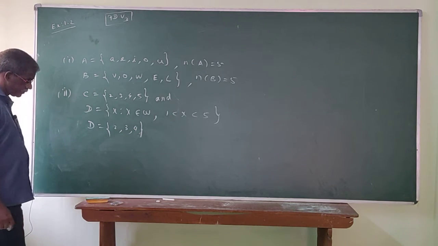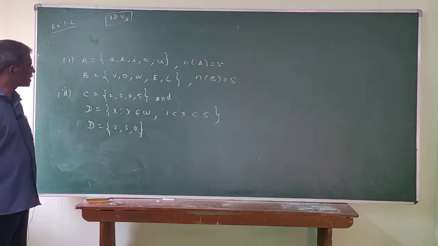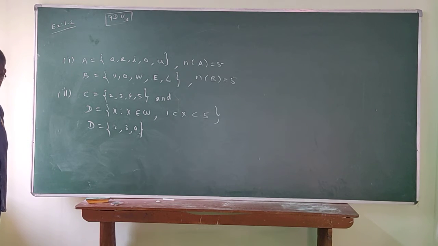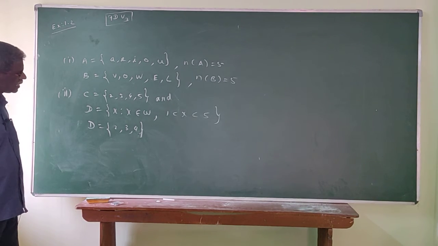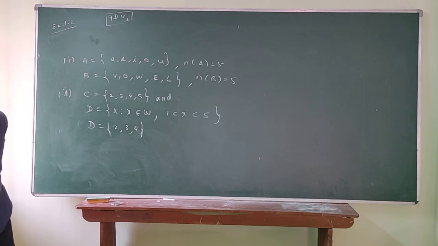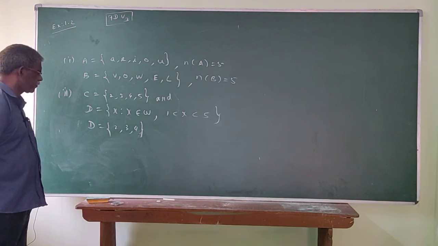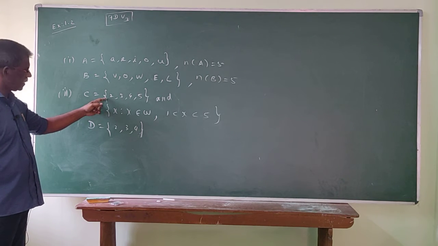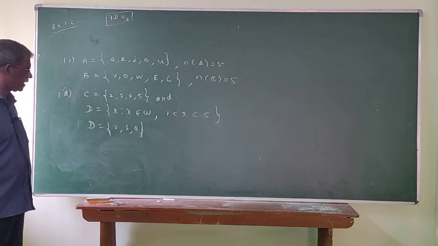So here set C contains 2, 3, 4, 5, but set D has only 2, 3, 4. So here the number of elements is 4, here the number of elements is 3.